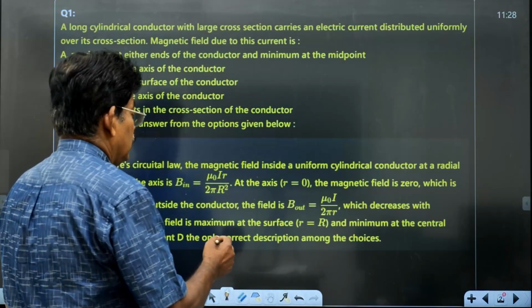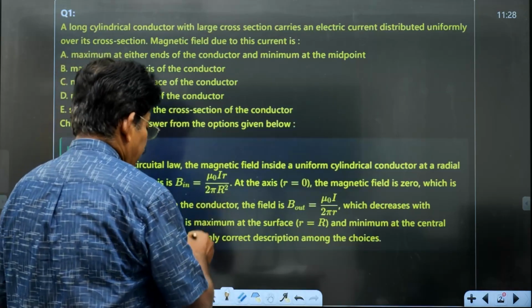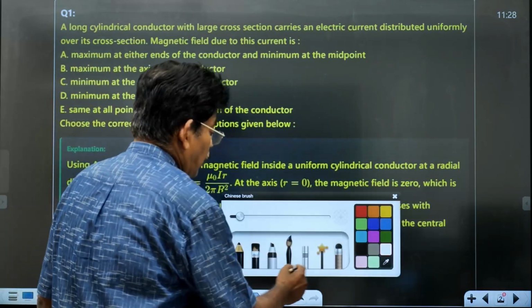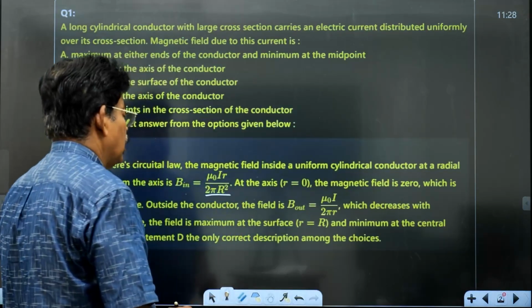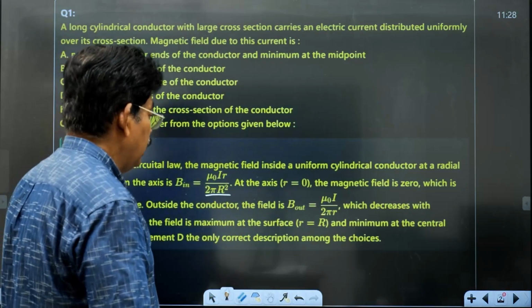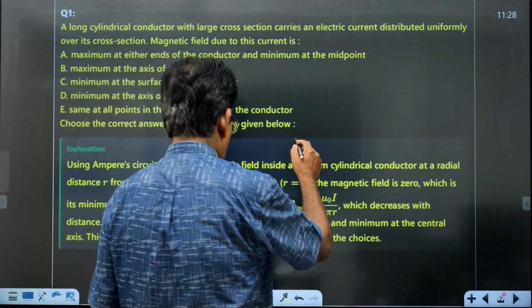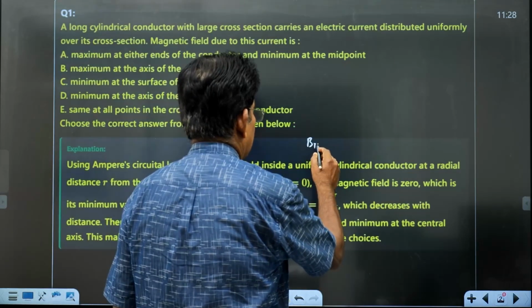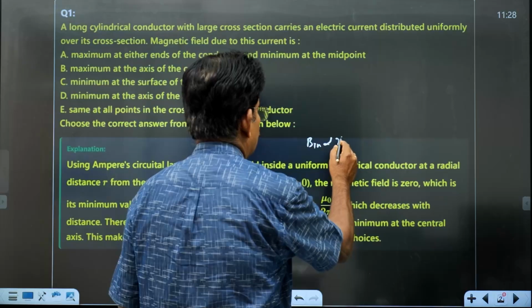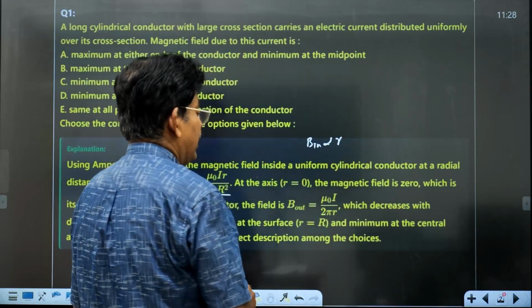We have 3 cases. At any point inside, B is mu 0 I r by 2 pi R squared. So in the first case, we can say that the magnetic field inside is proportional to r, linearly varying with r.